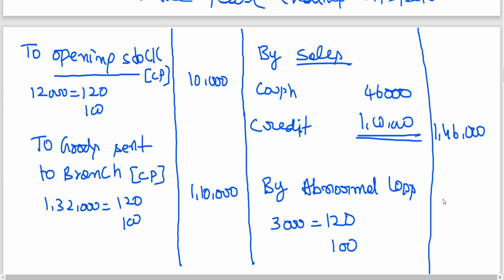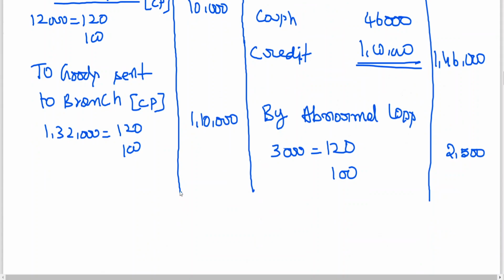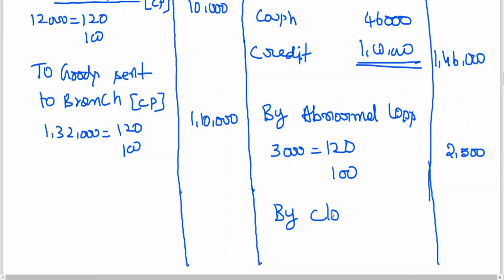It is coming to 2,500. Clear to all of you? Then by closing stock. This is also given at invoice price.